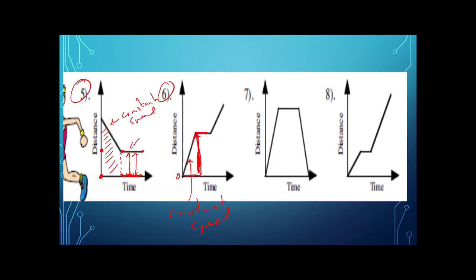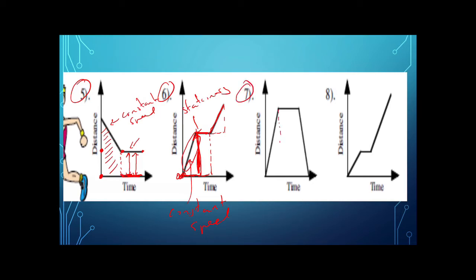Then we stop for this period of time, so we're stationary there, and then we continue moving away from our starting point at a constant speed. It looks as if it's a slightly different gradient actually than here, so we're moving at a different speed. Hard to tell though.